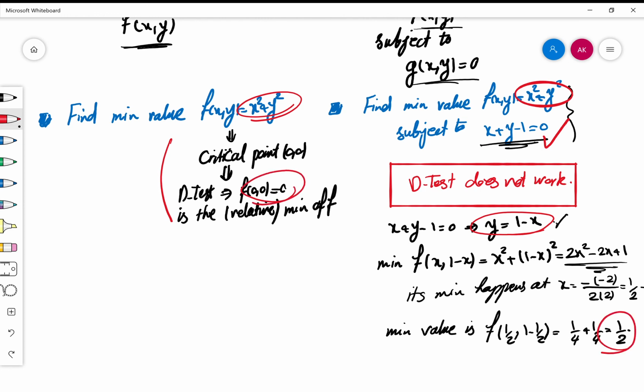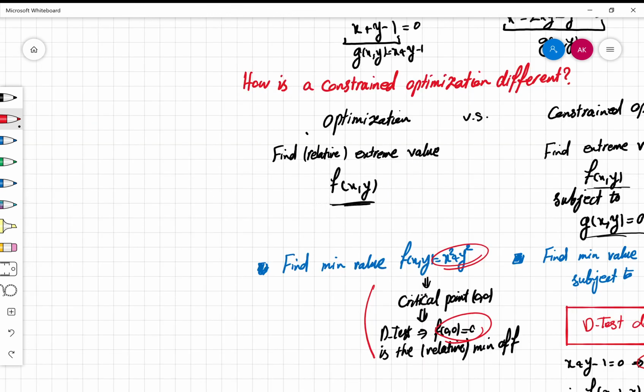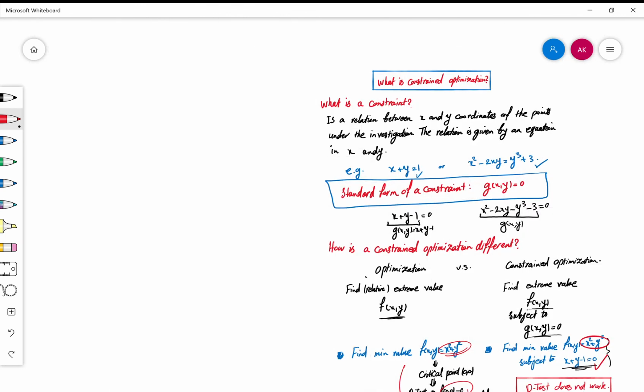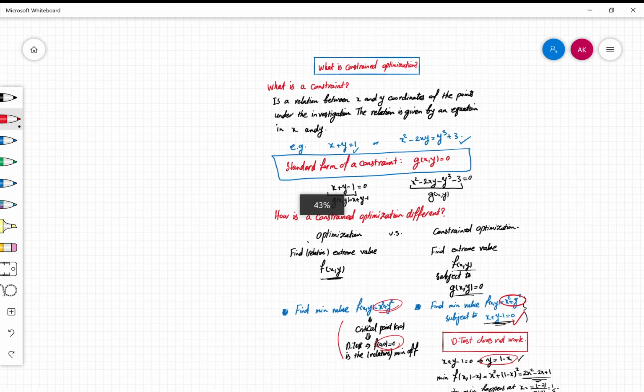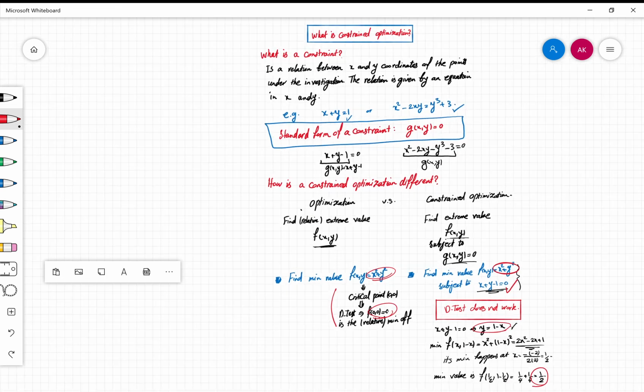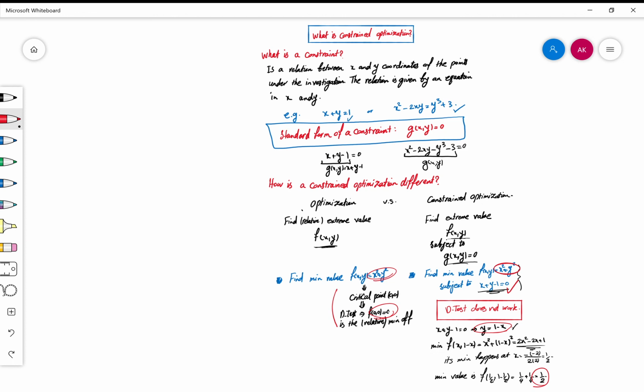And this easy example shows right away that constraint optimization is a different story, and you need to develop some new tools. The method I used here was possible because the constraint was easy.